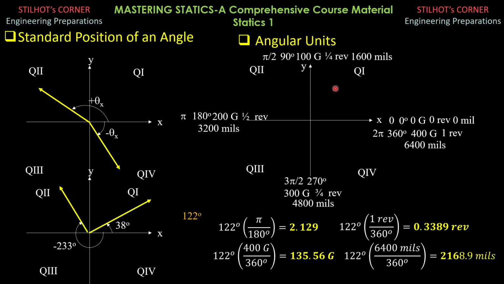Then if the full circle is divided into 6,283 equal parts, then each part is called a milliradian. So that's the idea there.